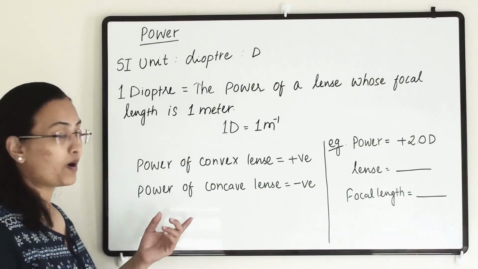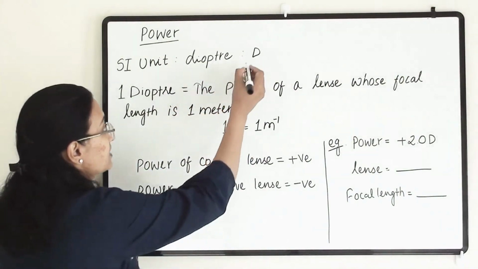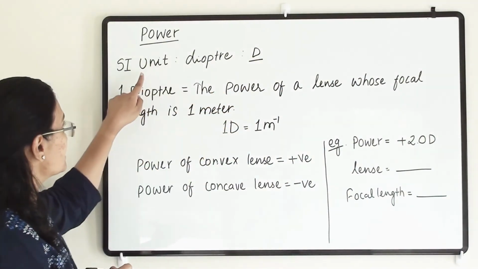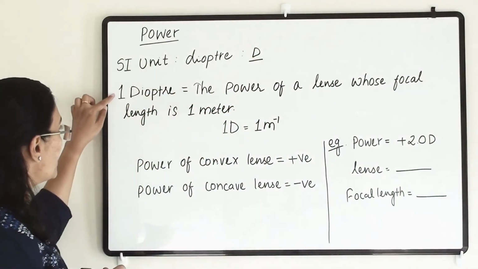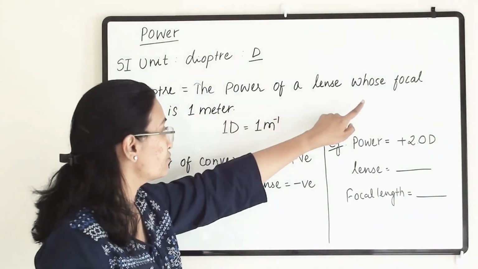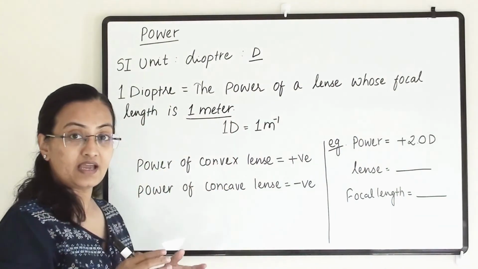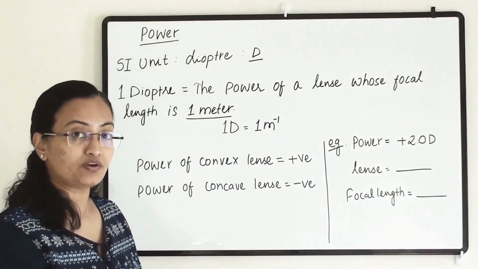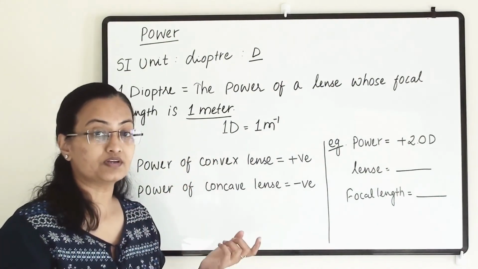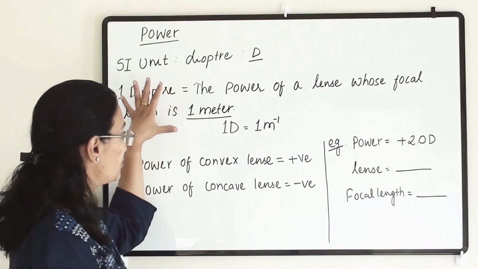Now let us understand more about the power and the units of the power. SI unit of power is dioptre, and we write it with a capital D. So D is dioptre, and that is the unit of power. Now 1 dioptre we can define as the power of a lens whose focal length is 1 meter. It can be convex or concave. If its focal length is 1 meter, then its power is 1 dioptre.